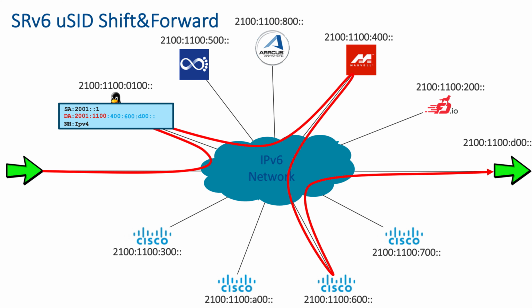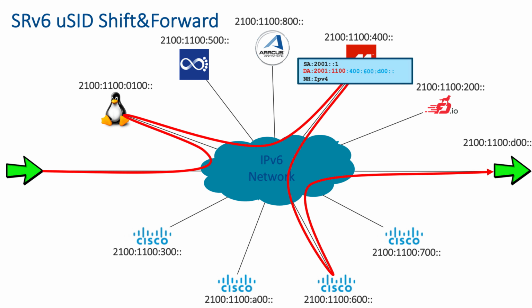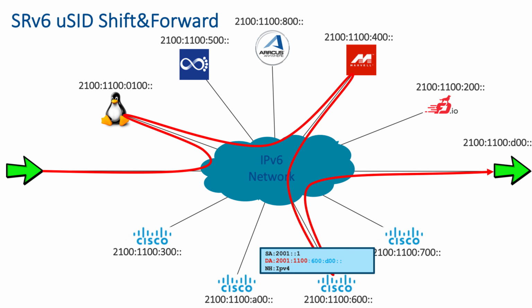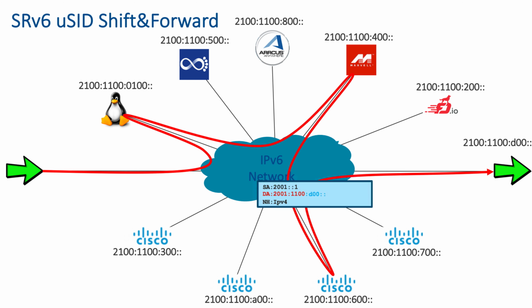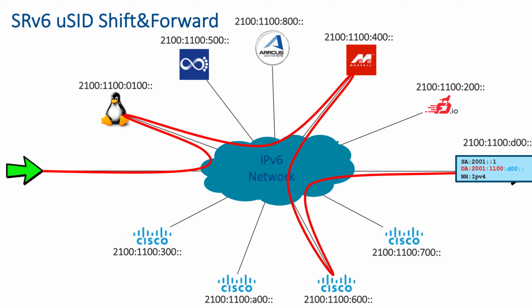Then packet is forwarded according to the routing table towards 2001:1100:400. This is called shift and forward. Falcon performs the identical functions and 9K as well. So finally the packet will reach egress VPP for decapsulation.